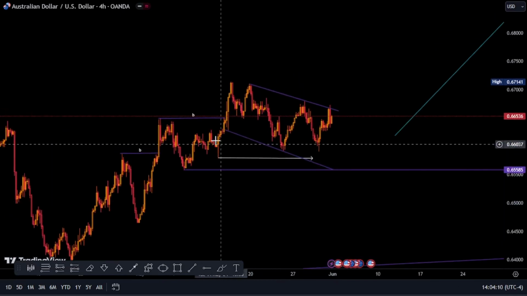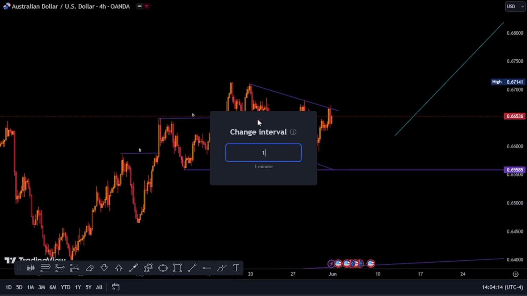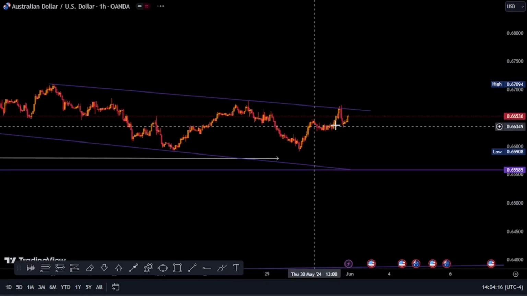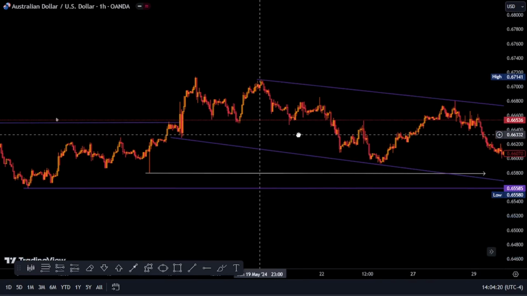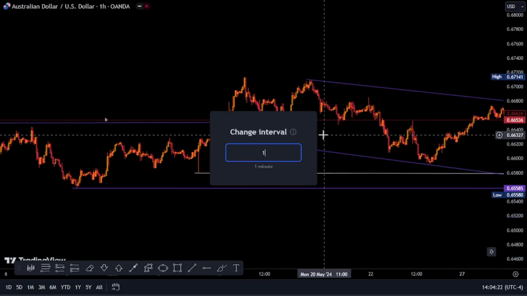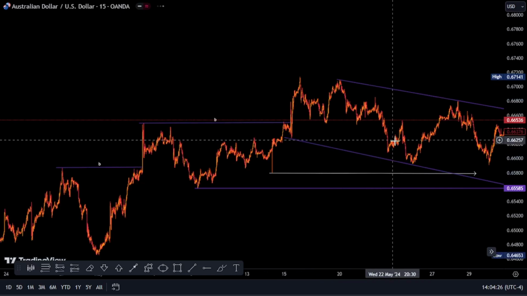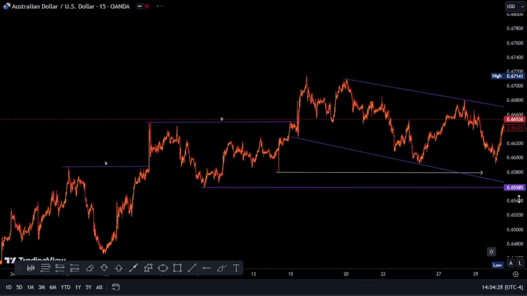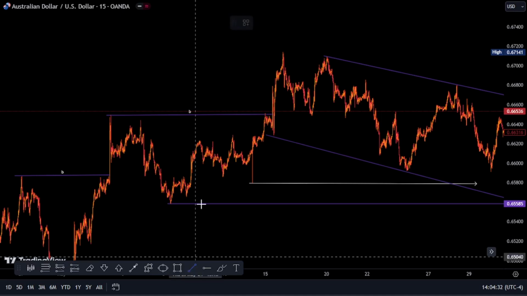You see? And then as you can see here, guys, it's a break of structure, right? And then it's another break of structure. Let's look at this. As a break of structure, what is it that you see?